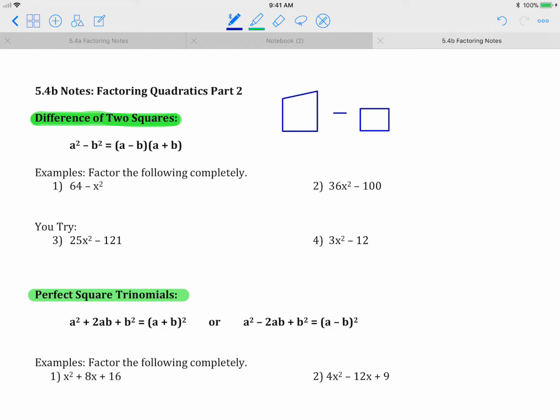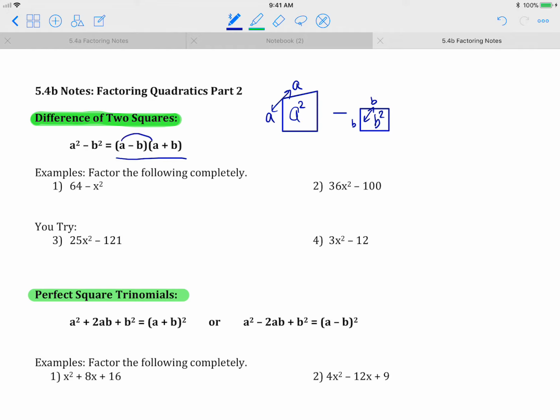If this guy had a length of a and this guy had a length of a, and this is a b and this is a b, the area is actually a times a, which is a squared, and the area of this one's b times b, which is b squared. Well, that's a squared minus b squared. That's exactly what we're doing. We're taking a square and subtracting another square. When you do so, it factors into a minus b and then a plus b.